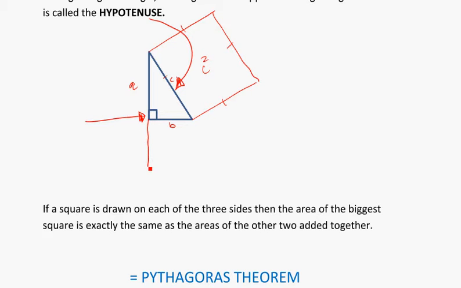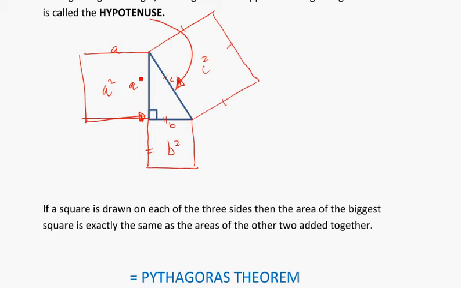Here's a square on the B side. All of those are side B. The area of that is B squared. And similarly, if we draw a square on the side A, the area of the square will be A squared, because all the sides are of length A.